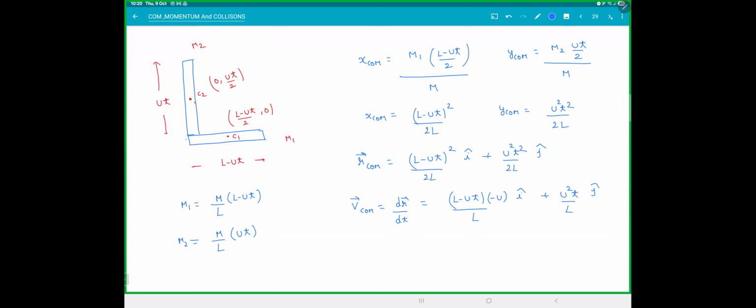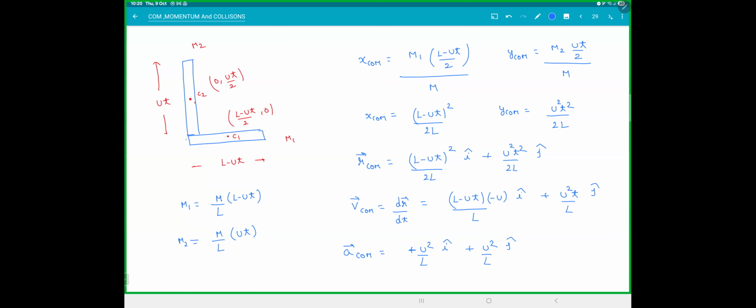2 into L minus ut, 2 will cancel, then differentiate whatever is inside. You want acceleration of the center of mass? Differentiate again. This would be minus u square by L i cap plus u square by L j cap. Once you got the center of mass, it's just a matter of differentiating. Minus of minus will become plus. Yep.